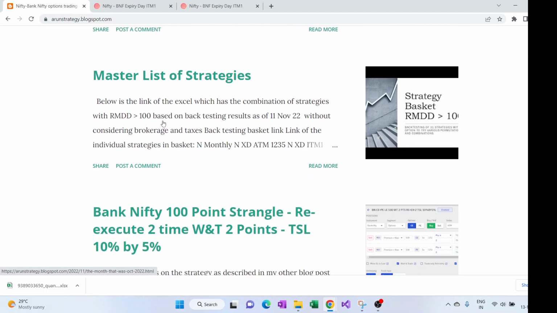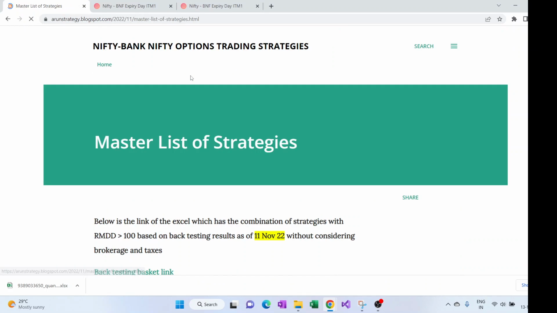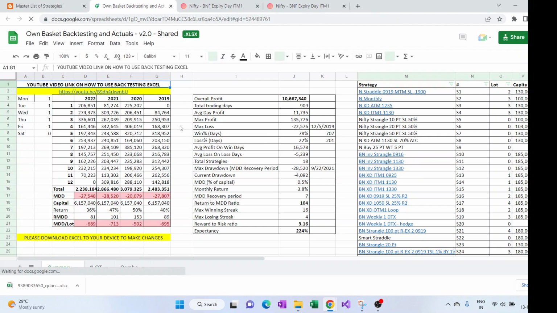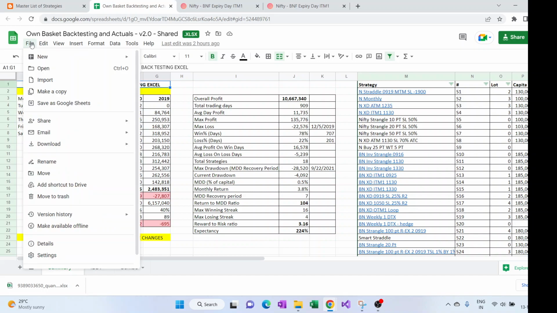I have this blog post where I share the backtesting Excel, which is updated every weekend. So a master list of strategies. This blog post has the backtesting basket lane, and it is updated as of last Friday. Now if I want to see how the backtesting of that particular combination looks, I'll be downloading this Excel to my local machine.